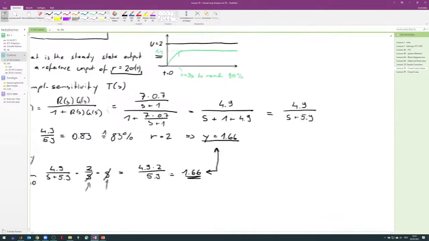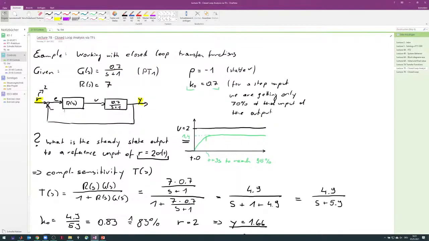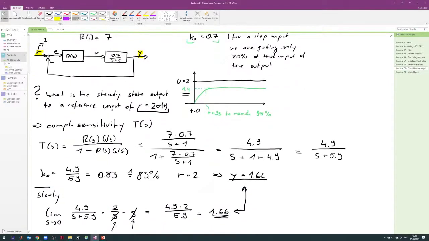Well, this was what we know: we have the reference input and we have the output. Let's say we actually have an input of 2 and our output gets to 1.66. So the error is 0.34.